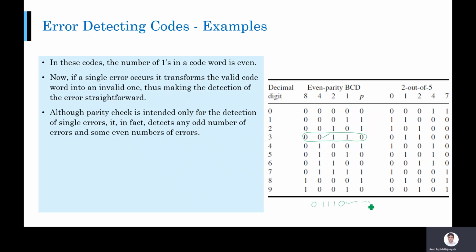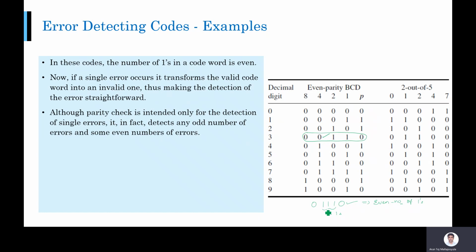Your parity bit is 0, indicating that you should get an even number of 1s, but you are getting three 1s, right? Therefore, there is an error. Now, where is the error? That we don't know.